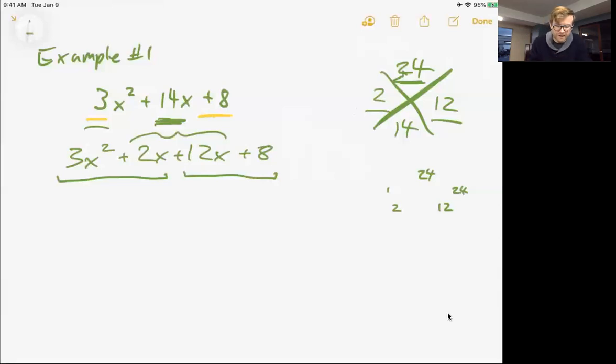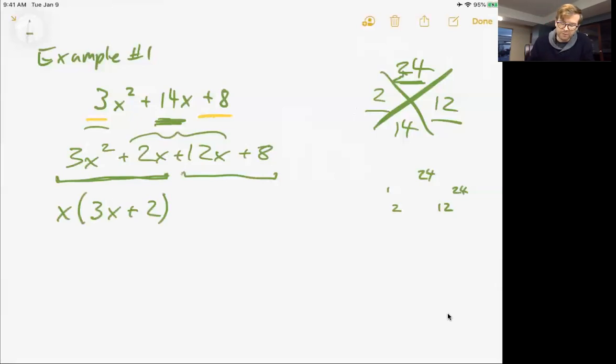This first group, the factor x is in both of these terms, okay? I can factor that out and it would leave a 3x plus 2, okay? So this 3x squared plus 2x, I could factor x out of each of those and it would be x times 3x plus 2.